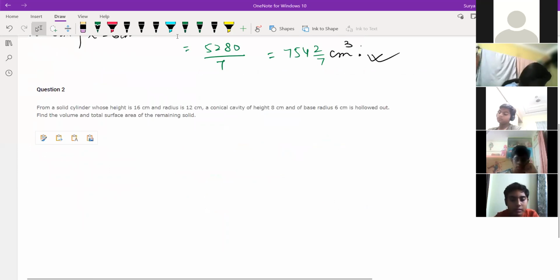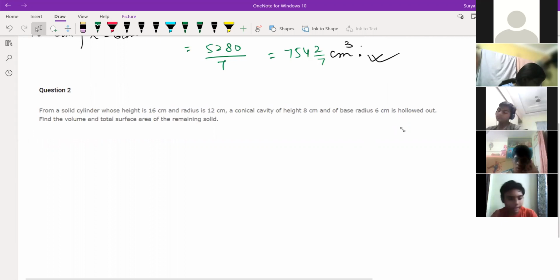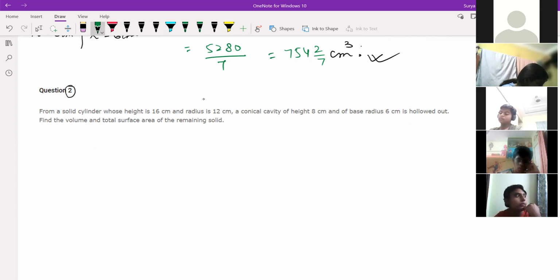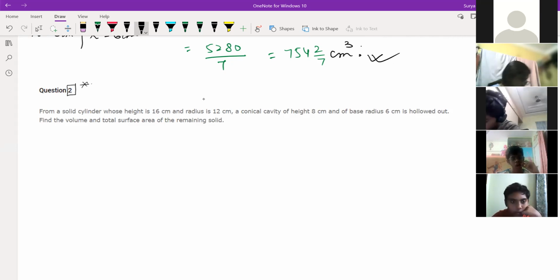From a solid cylinder whose height is this, a conical cavity of 8 centimeter height and base radius 6 centimeter is hollowed out.